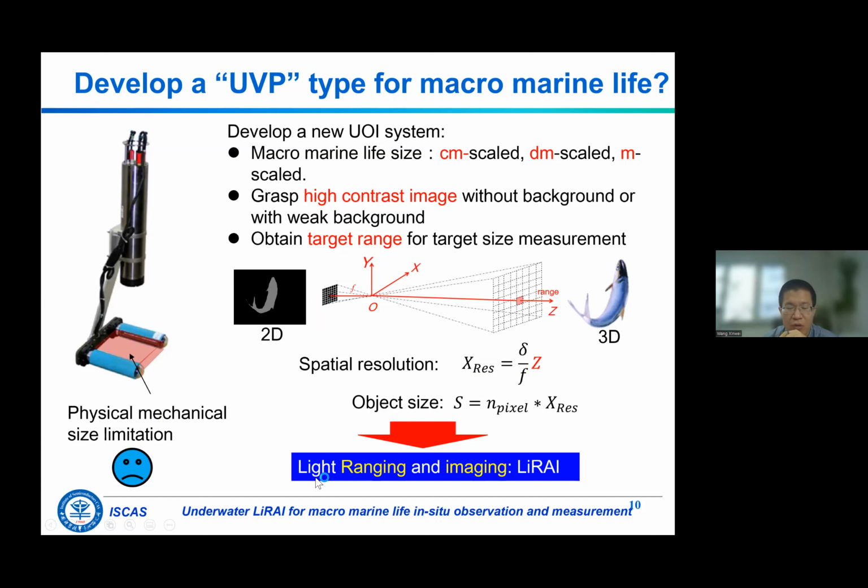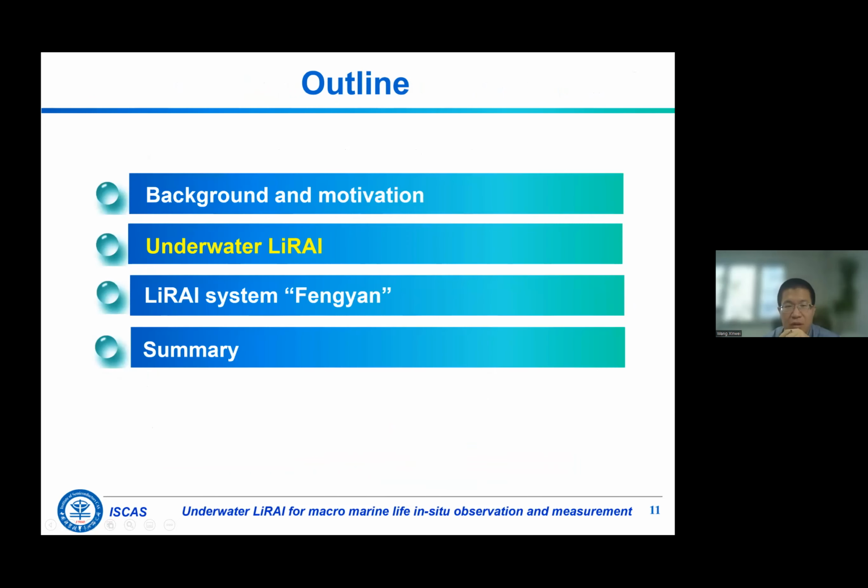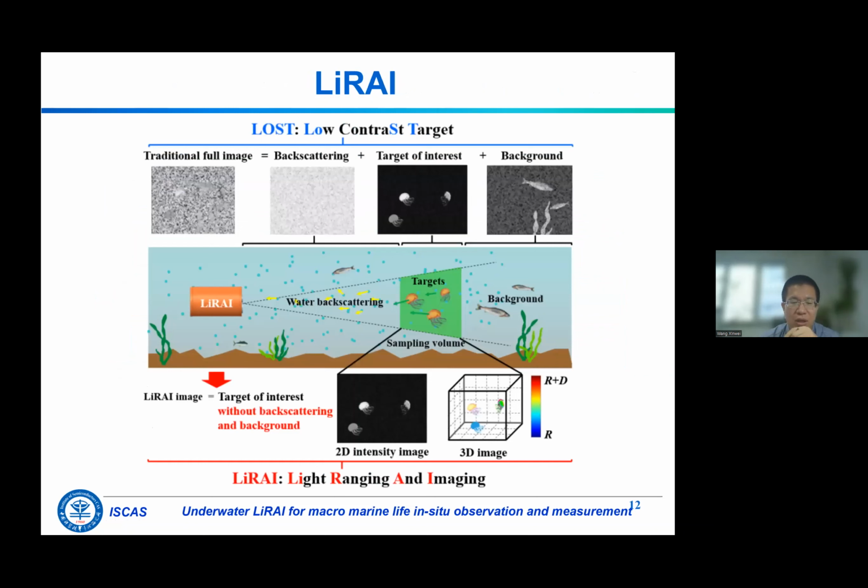Therefore, we propose a light ranging and imaging method, and we call it LiRAI. Let's see what LiRAI is. LiRAI can realize light ranging and imaging different from the traditional underwater camera.